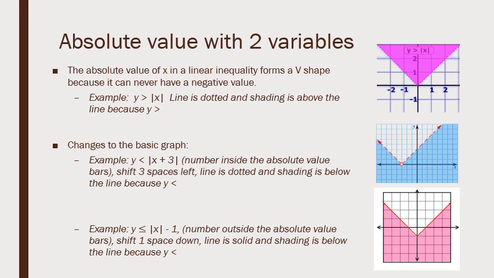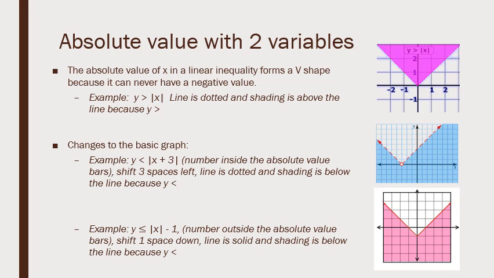Now, we can have inequalities with absolute values with two variables as well. We've learned how to graph the V part of the graph before, and just like in our linear inequalities, these have to be shaded either above or below the lines. Example, y is greater than the absolute value of x.